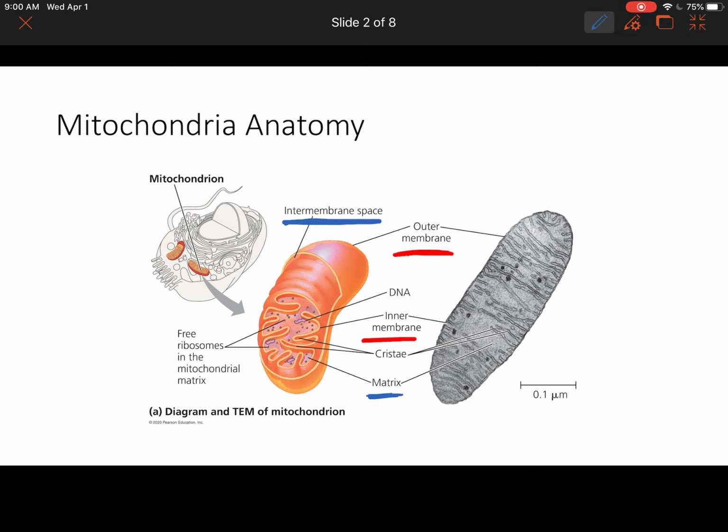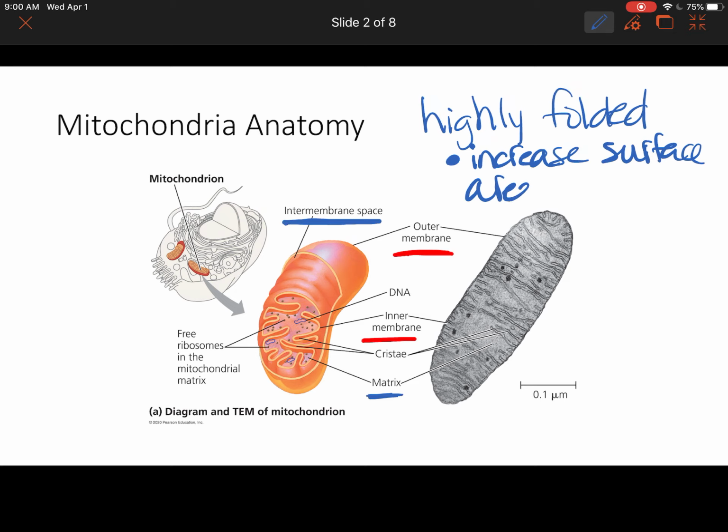The inner membrane of the mitochondria is very highly folded. And the purpose of that folding is to increase the surface area of the membrane. Well, why would that be important?